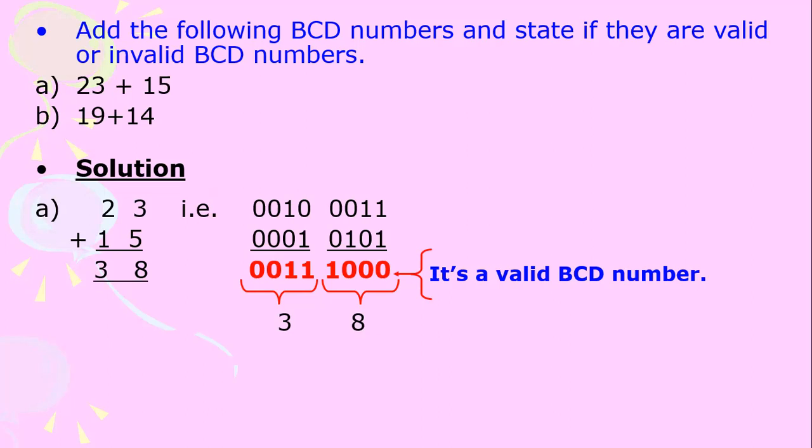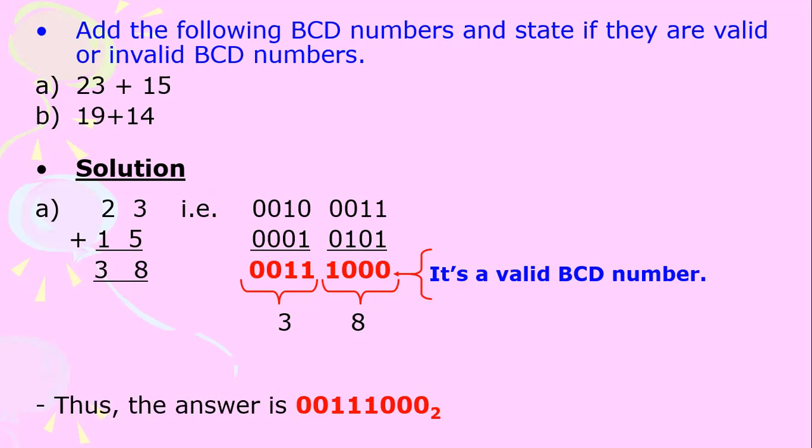So as long as each group of binary digits equals the required decimal equivalent, and the decimal digit you get does not exceed 9, then you have a valid BCD number.